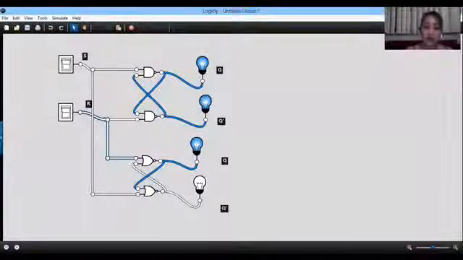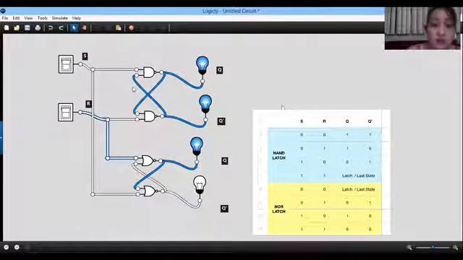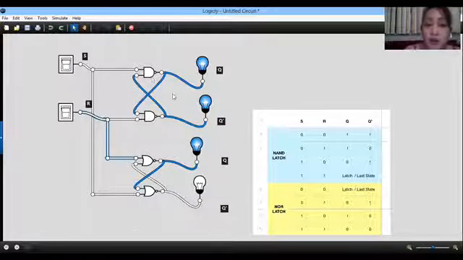I have here the simulation of the latches in Logically. So as you can see, the first part is the NAND and the second part is the NOR. Remember that NAND latch, if the input is SR, the gate na merong S na input should be the output of Q. Then the gate na merong R na input, the output should be Q bar.